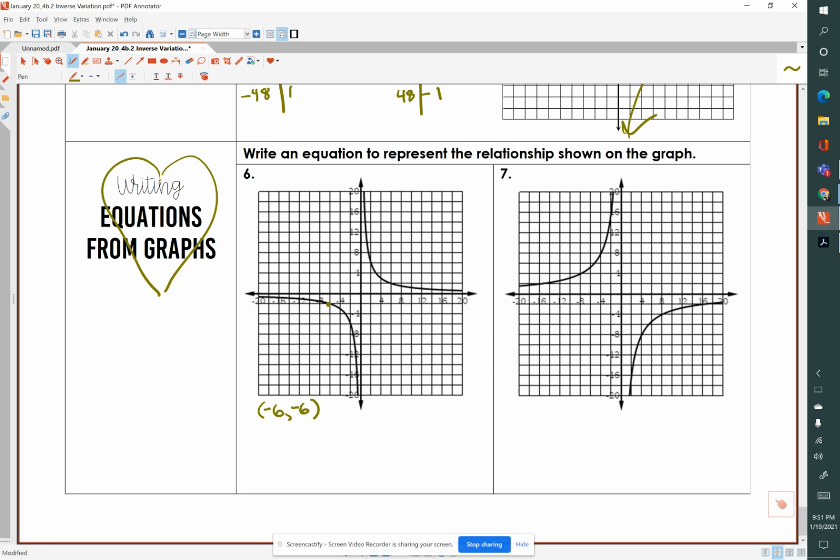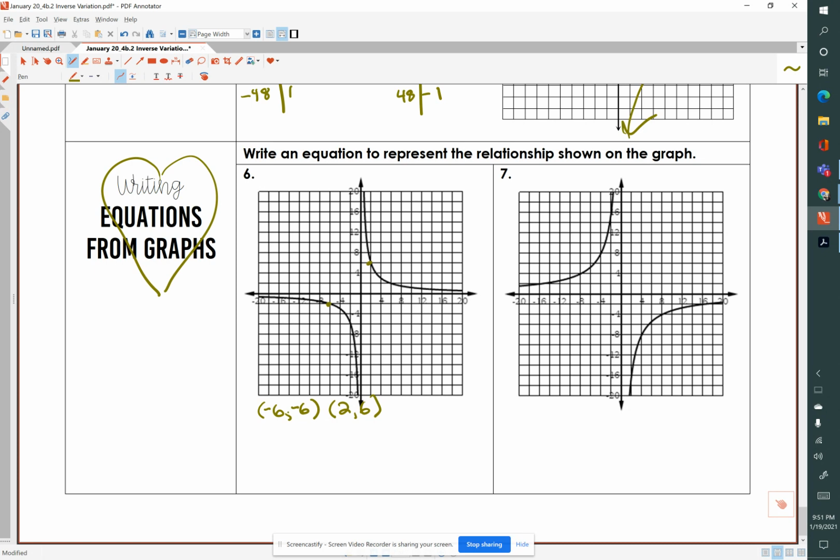Always find points that lie exactly on the intersection of the grid marks. I also see that point 2, 6. Remember, each one of these is in increments of 2. So 2, 6 is also a point.